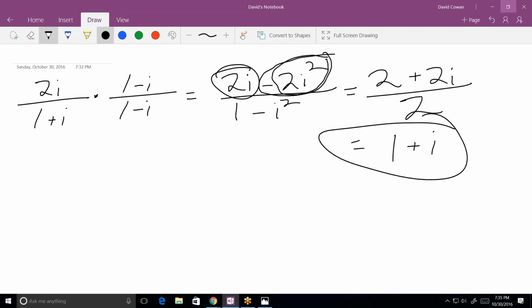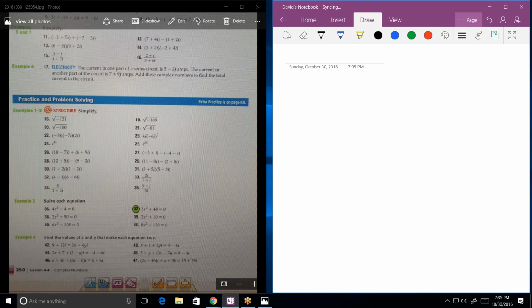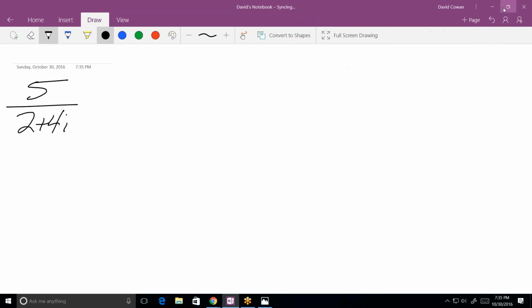Okay, the next one is 34. So that's 5 over 2 plus 4i. Uh-huh. Go ahead. Okay, so it would be 2 minus 4i on both the top and the bottom.